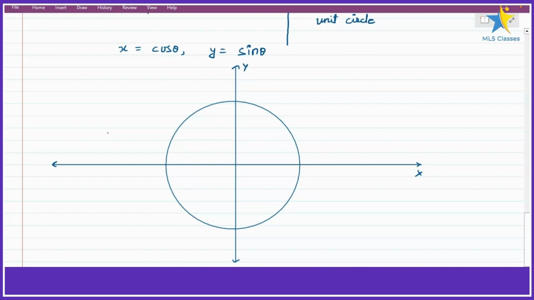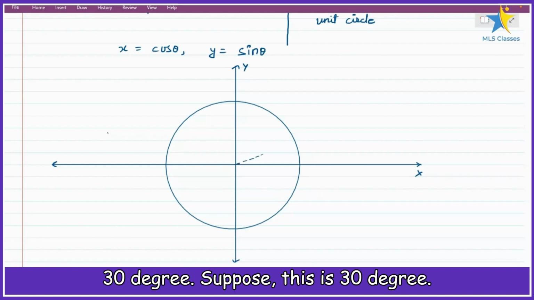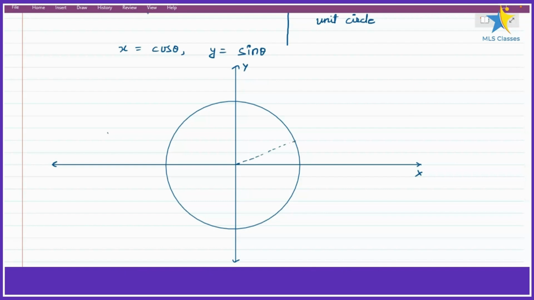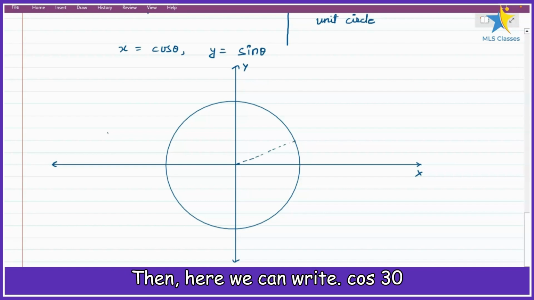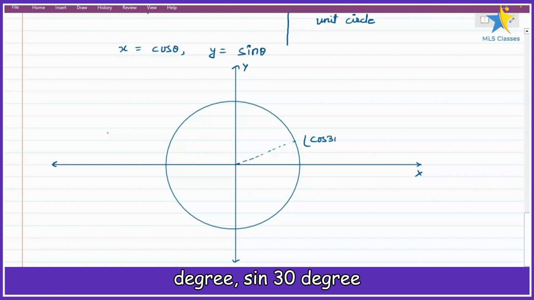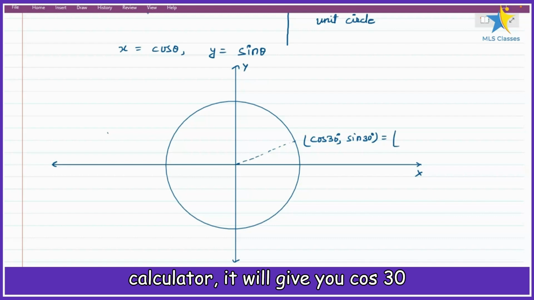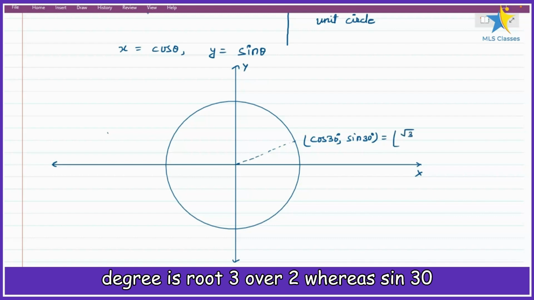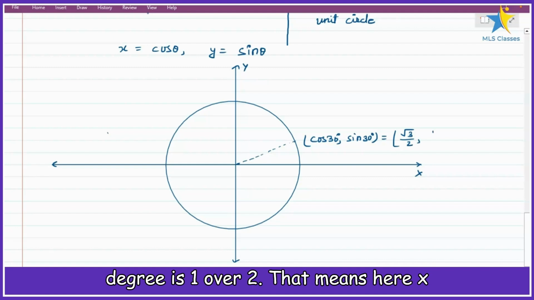So first 30 degrees. Suppose this is 30 degrees, then here we can write cos 30 degrees, sine 30 degrees, which if you see in the calculator, gives cos 30 degrees is root 3 over 2, whereas sine 30 degrees is 1 over 2.